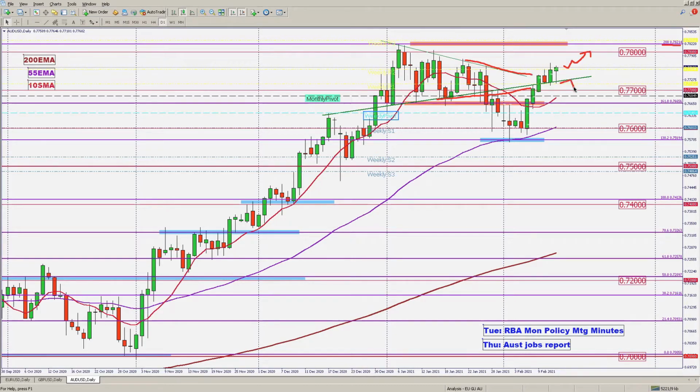If it falls below this trend line, then there is support at the monthly pivot above this Fib, just below the 77 area. It's at 76.85.